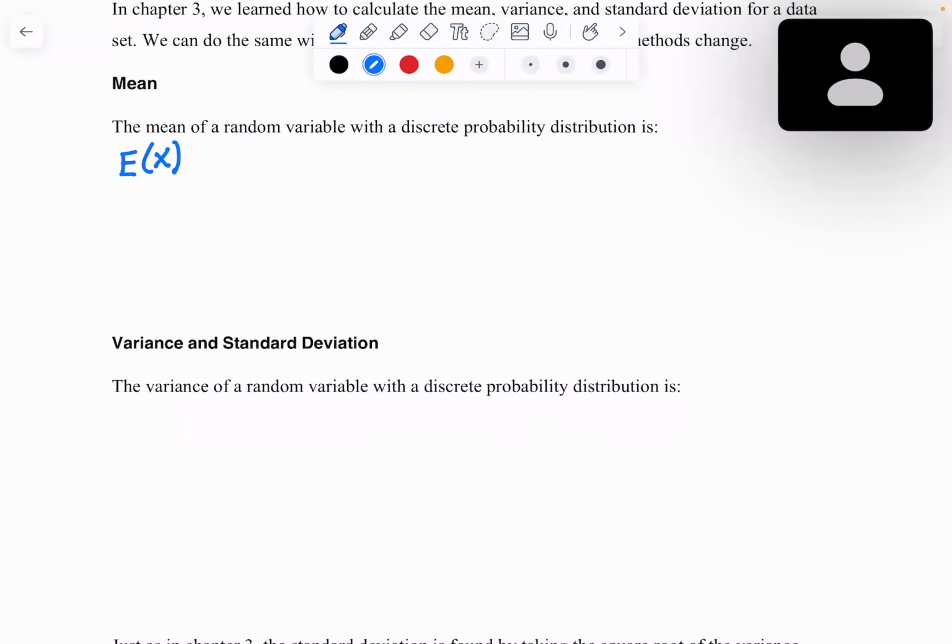If we write it as a symbol, remember, the symbol for the population mean was mu. And if I want to actually find this, there's a formula we use. I say x1, the first outcome, times the probability that that outcome happens, plus x2 times the probability of x2, and I do this every time until I get to the final outcome, xn times the probability of xn.